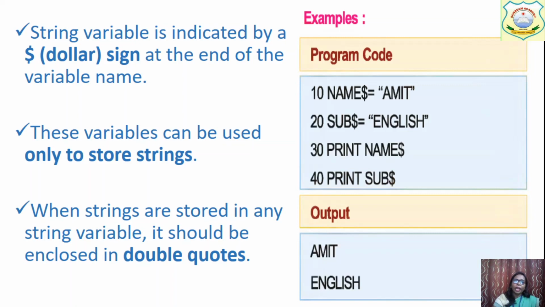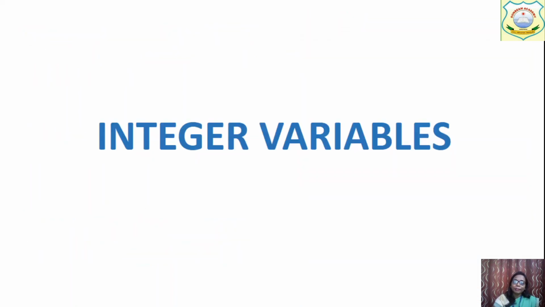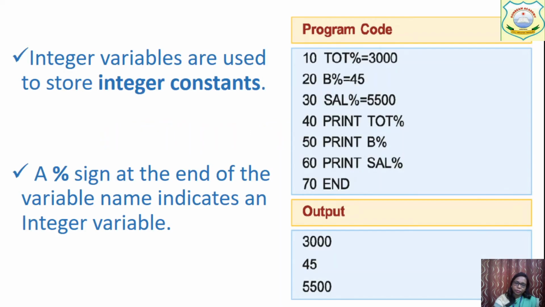Okay, now we have integer variables. In numeric variables we have two types of variables, integer variables and real variables. Now see, integer variables store integer constants.